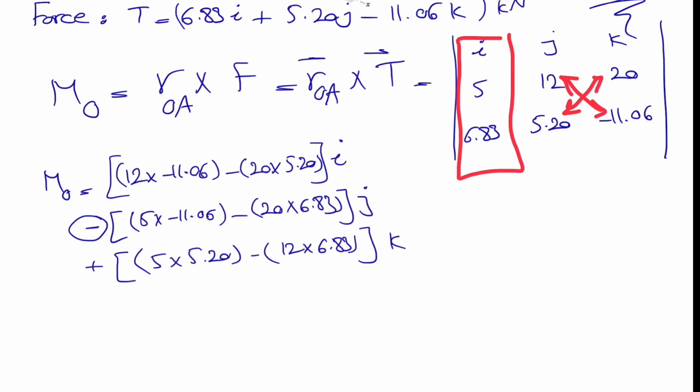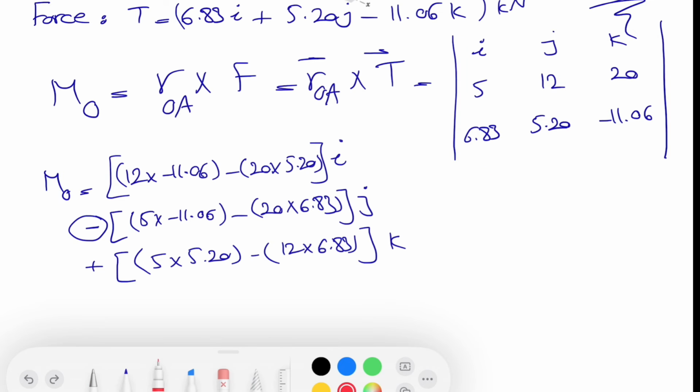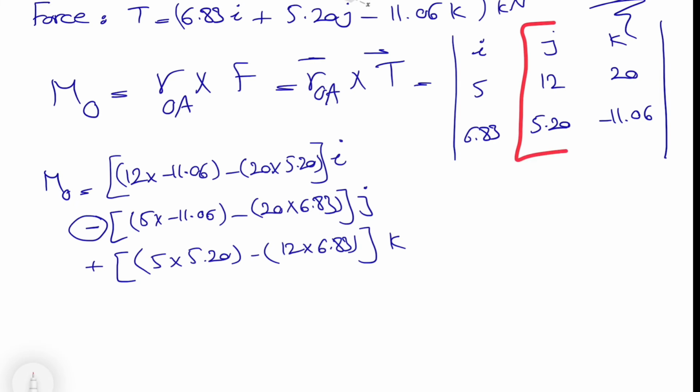And if I want to go over the determinant, what we do is simply, if you want to find the I component, we just don't look at this part, and we have this times this minus this times this. So for I component, we have 12 times minus 11.06 minus 20 times 5.20. That would be for I component.